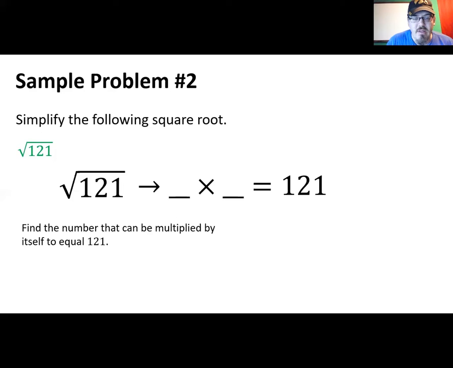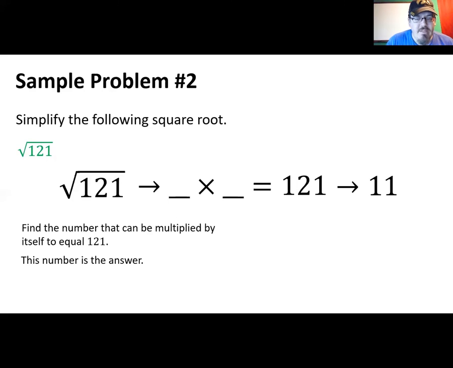That's what's called a perfect square, a number where you can find a whole number, something that doesn't involve a weird decimal. In this case, 11 times 11 is 121. So 121 is a perfect square because it has a nice square root.